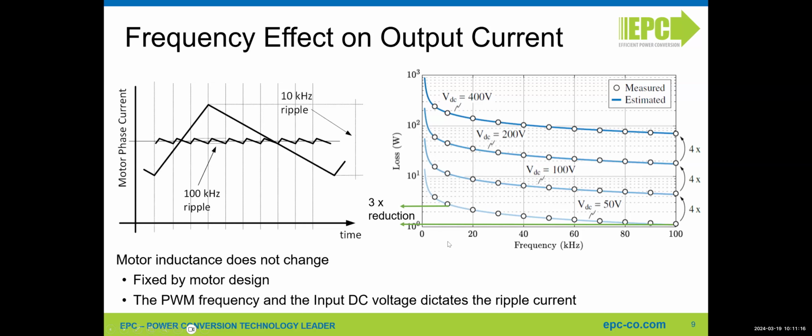Then, depending on the motor, the other thing that happens is that this ripple in the current is generating small hysteresis loops in the magnetic circuit of the motor, and these hysteresis loops are also responsible for energy waste. Going to higher frequency makes these hysteresis loops smaller, so there are fewer losses in the magnetic components, in the magnetic circuit of the motor.